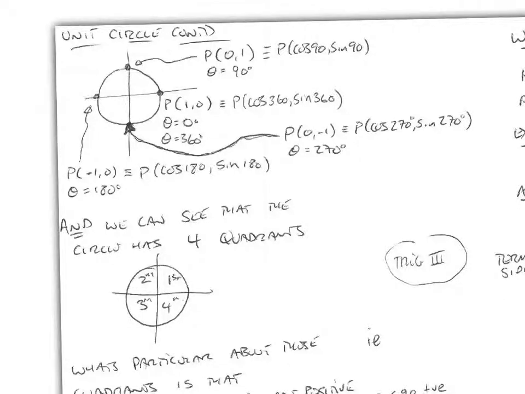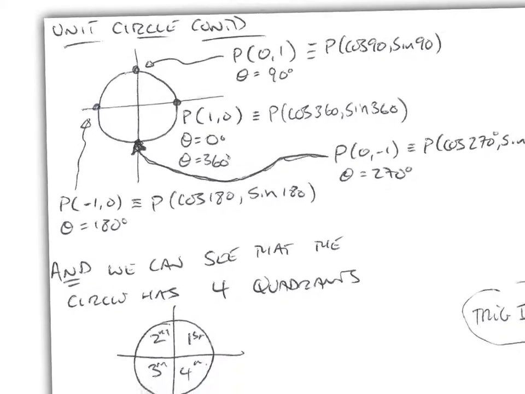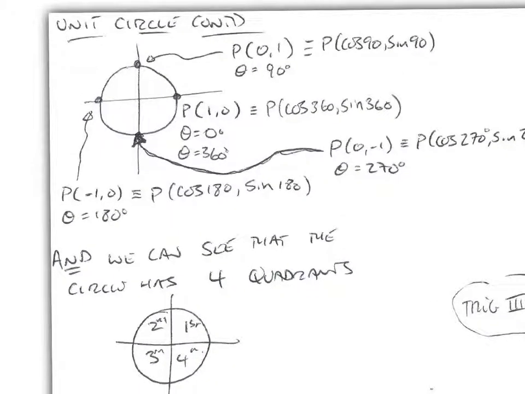So let's continue to look at our unit circle. As we look at it here, if we were to take a point on our unit circle of radius 1, then this point here must be 1 along the x and 0 on the y. So the coordinates of that point are (1, 0).